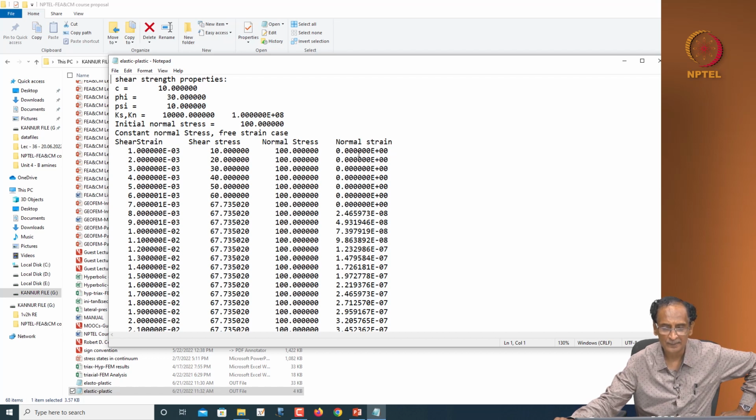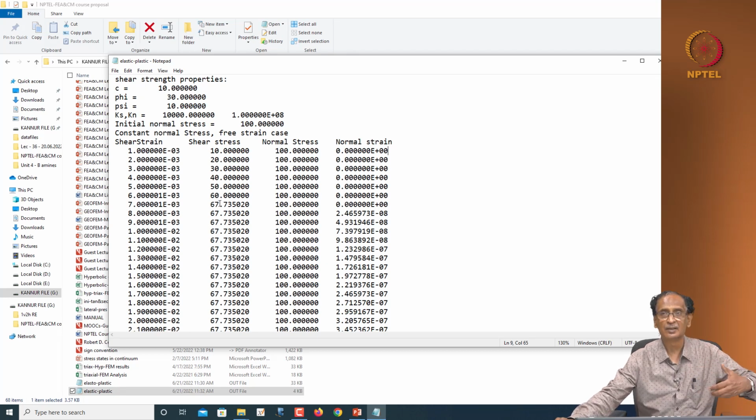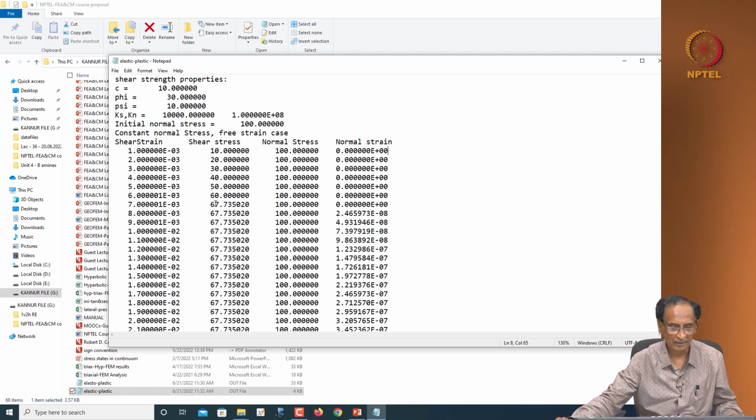In the elastic part, you see that there is no normal strain, it is 0. 10 has become 20, 30, 40, 50, 60, and next it should become 70, but then it has reached plasticity. It has reached the yield limit of C plus sigma tan phi, that is 67.735.